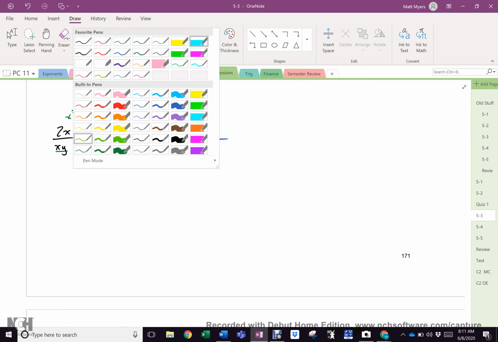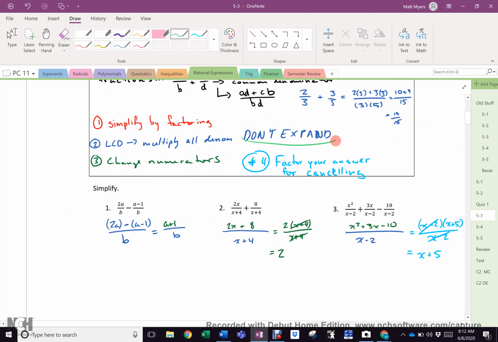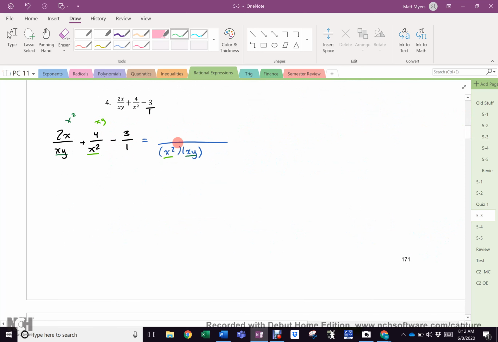And then, now this is where it gets really tough, and a lot of you make errors here. This guy needs both. So I know that I said don't expand, but here it makes sense. This guy needs x cubed, because x squared times x is x cubed, y. And then I rewrite.